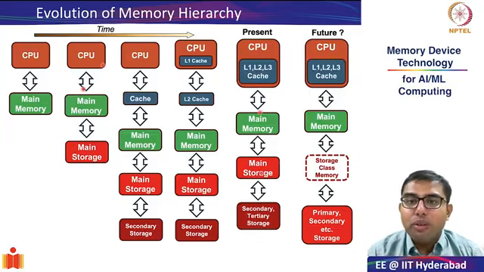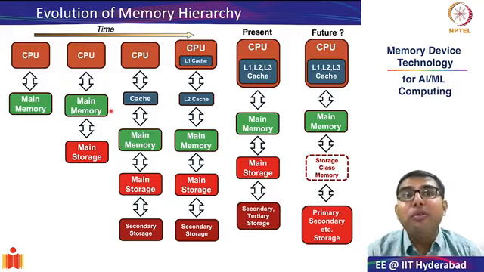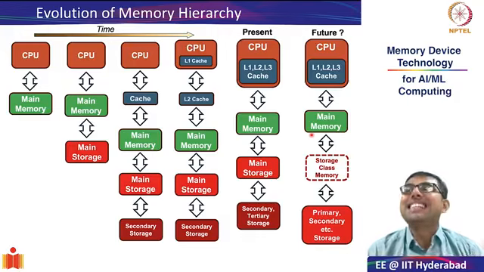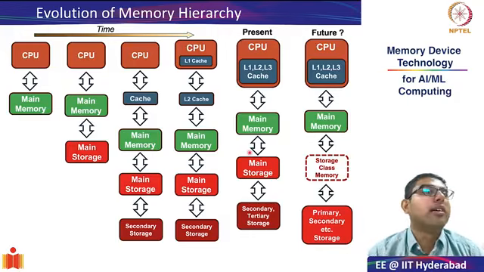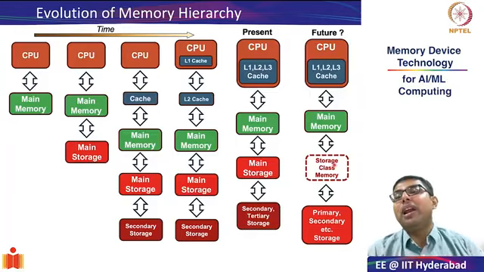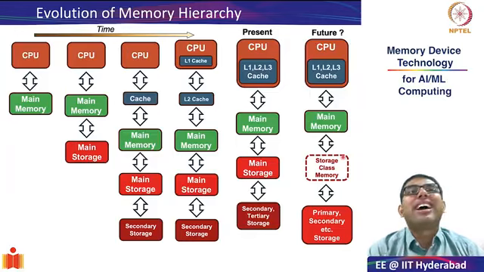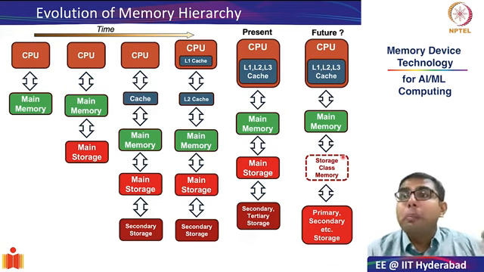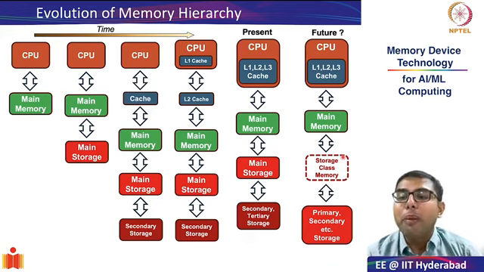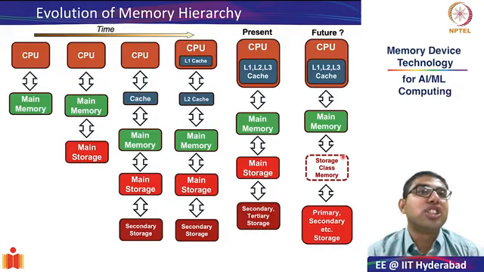Just like previously there was a big bottleneck between the CPU and main memory, as we will discuss in the next class, there also exists now a significant bottleneck between the main memory and the main storage. And people are now inventing new kinds of memories which are called storage class memories, which will bridge the gap between main memory and storage.